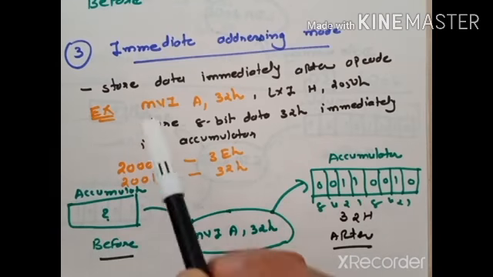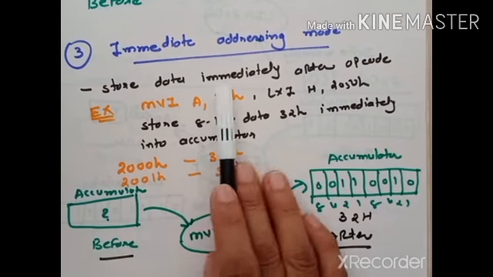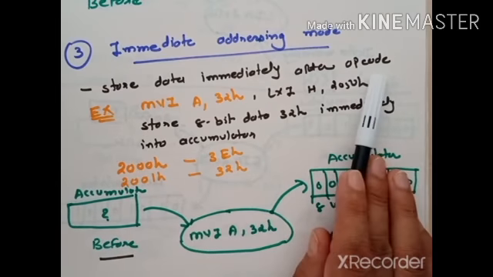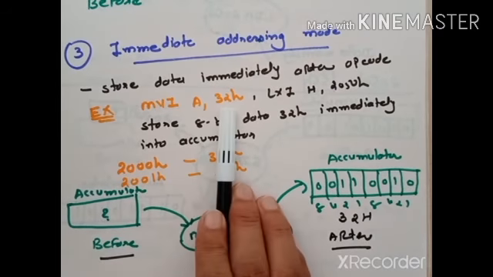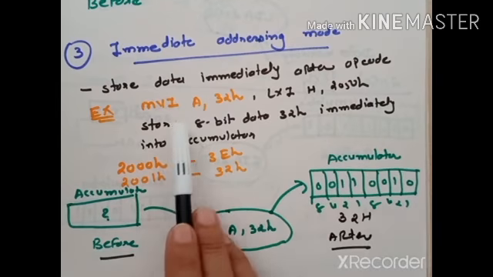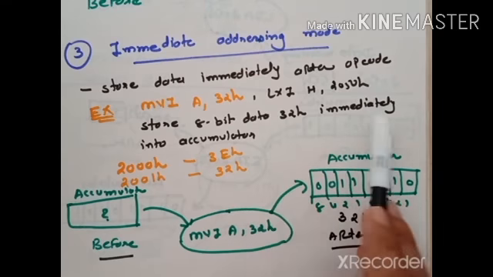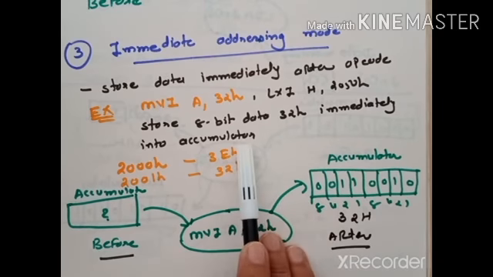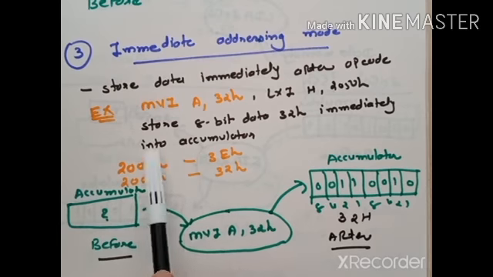The next addressing mode is immediate addressing mode. In this, data is stored immediately after the opcode. Examples of such instructions are MVI A, 32H and LXI H, 2050H. MVI A, 32H stores 8-bit data 32H immediately into the accumulator. It is a 2-byte instruction, that's why it requires 2 memory locations for storage.